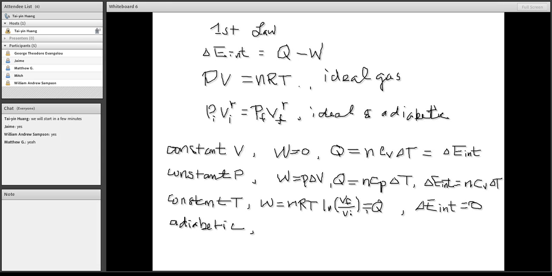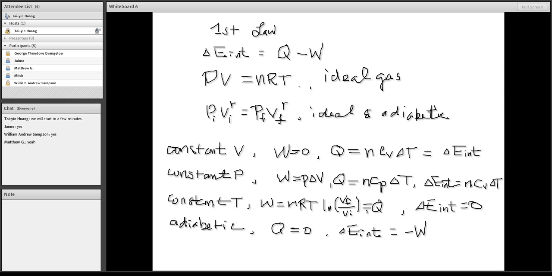And so the change in internal energy, which again is equal to nCv delta T, is also equal to negative W when you apply the first law of thermodynamics.